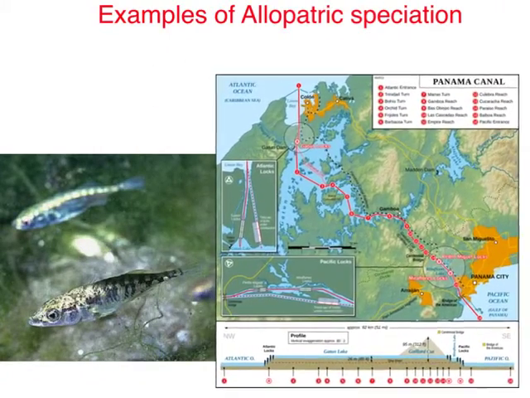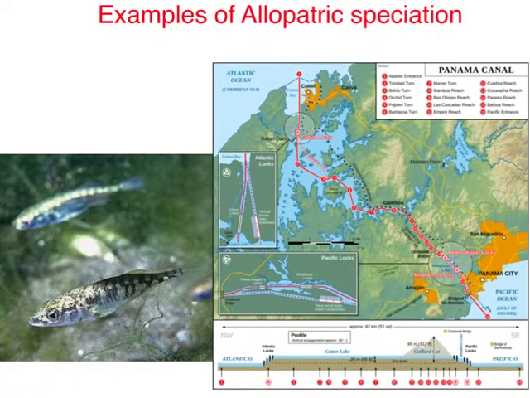Now, the Panama Canal is basically a human-made canal that goes through South America so that ships don't have to go all the way around South America to get from the Atlantic Ocean to the Pacific Ocean, or the Pacific Ocean over to the Atlantic Ocean.